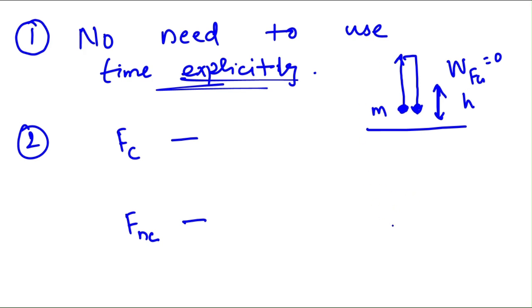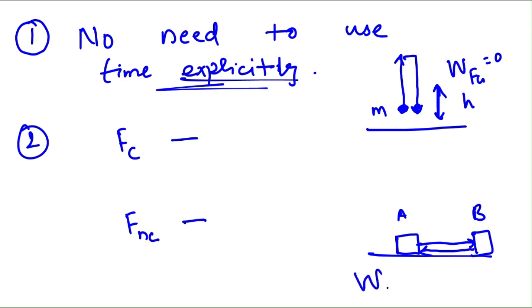But with the same thing, let's say you have moved a block from point A to B, and then you have moved the block from B to A, so that it completes the round trip. And now someone asks, what is the work done by friction force?